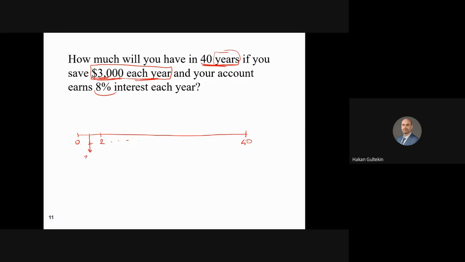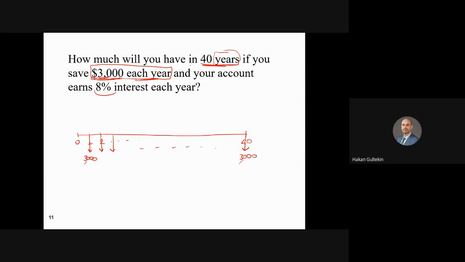We will always assume the payments are at the end of the years. For the second, again, we will save 3,000. For the third, again, 3,000. And we will continue to do this for 40 years. So it will be 3,000 at the end of year 40 as well.